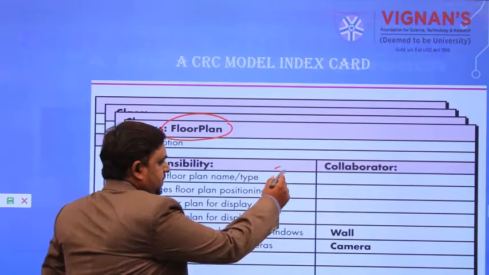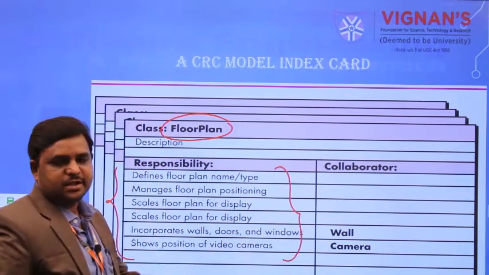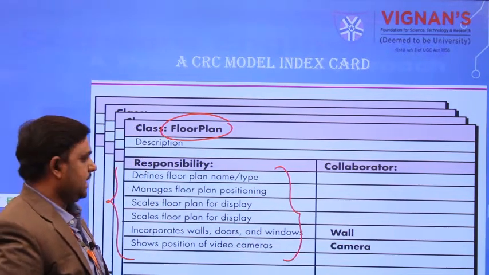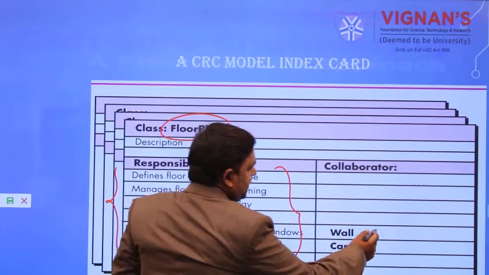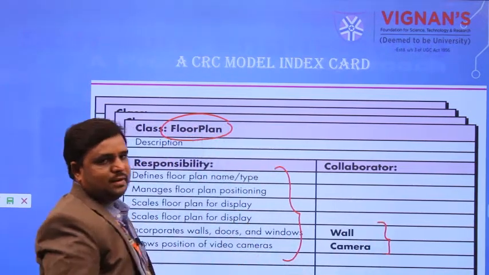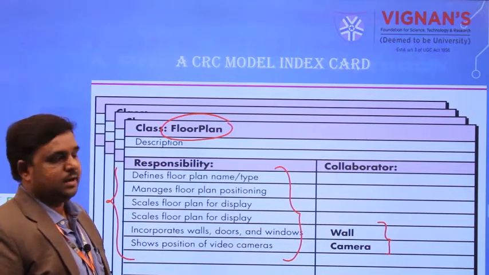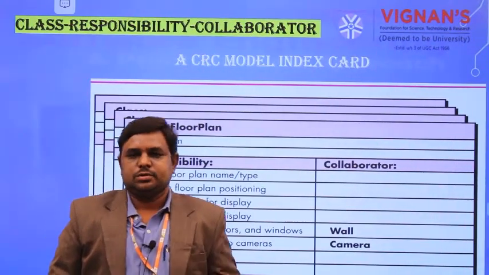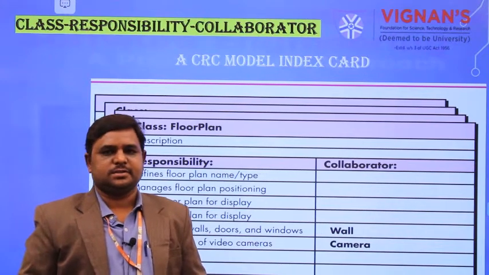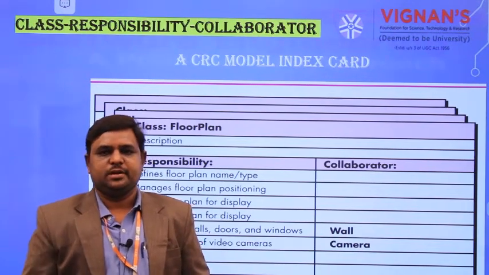These are the responsibilities which we represent on the left side of the CRC card. On the right side we represent the collaborators, like Wall and Camera. So this is the example for CRC cards, that is class, responsibility and collaborator.